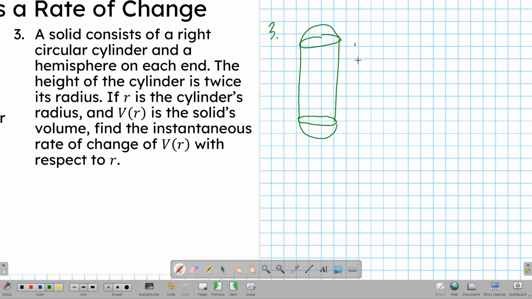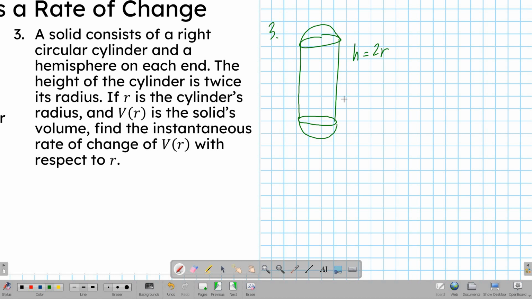And then we are told that the height of the cylinder is twice the radius. If R is the cylinder's radius and V of R is the solid's volume, find the instantaneous rate of change of V of R with respect to R.